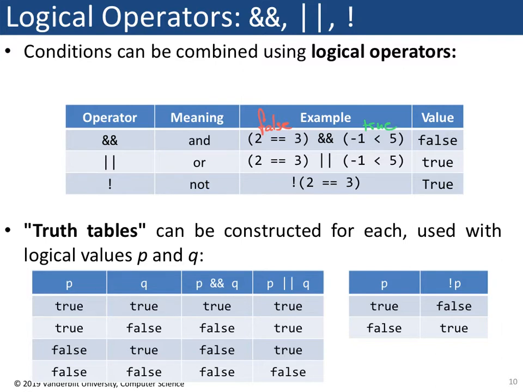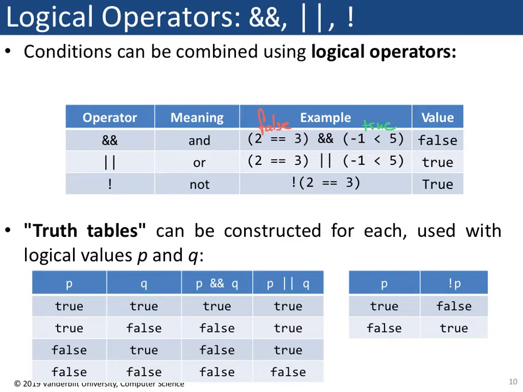So given two operands P and Q, if P is true and Q is true, then P and Q is also true. However, if there is any false value involved in the operation, so if Q is false, then P and Q is false.